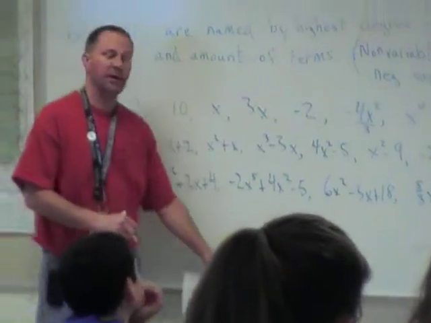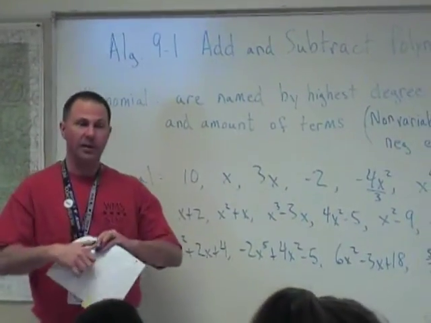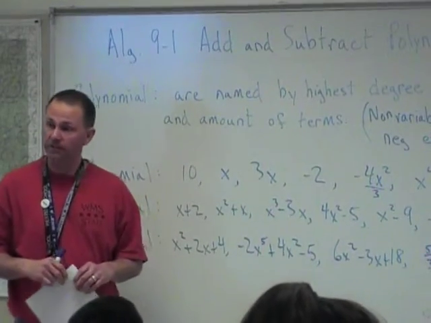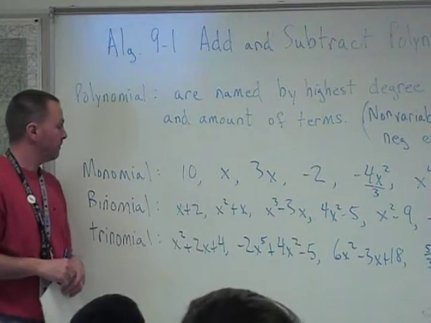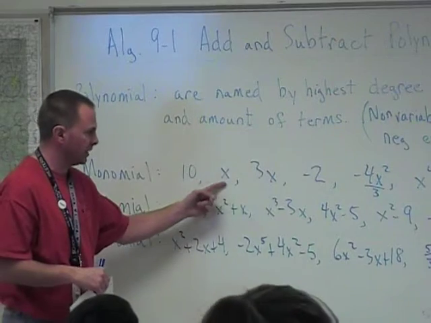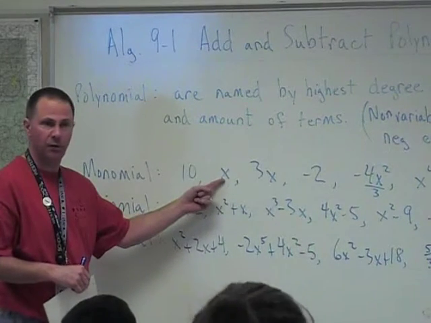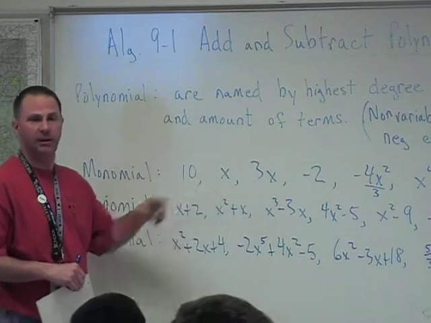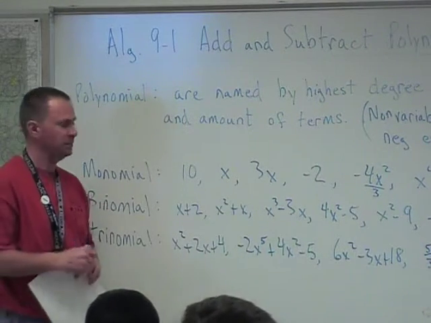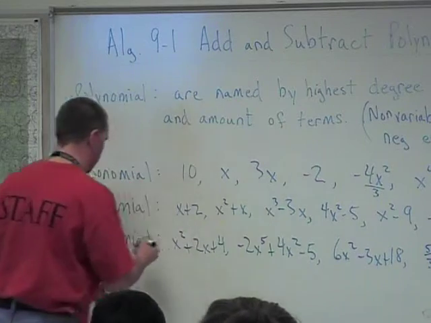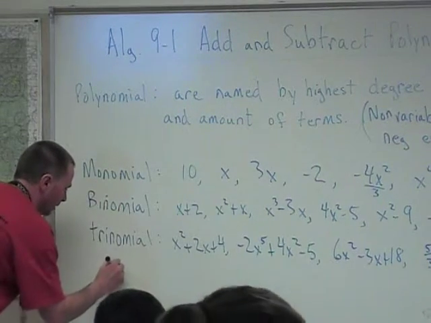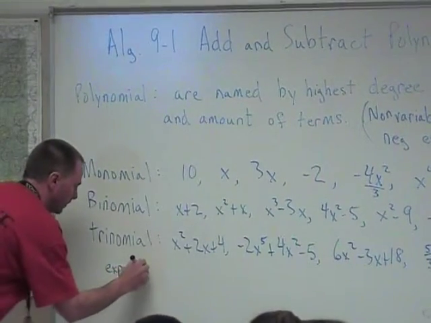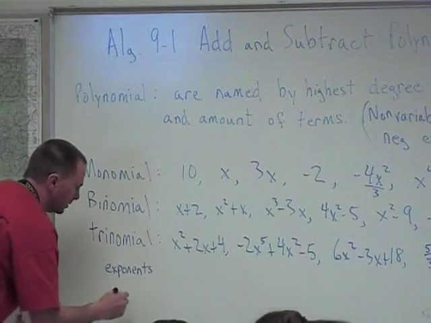All right, now I want to go through and just kind of talk to you about the names based on degree. Monomials, this variable has an exponent of 1, right? All right, so we call that a linear monomial. If you want to, I'll just put these down here. So exponents, these are the highest exponents.